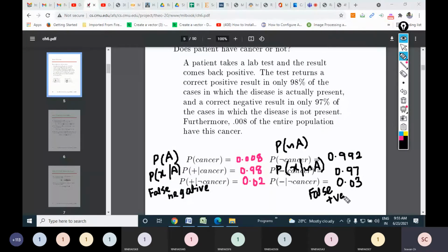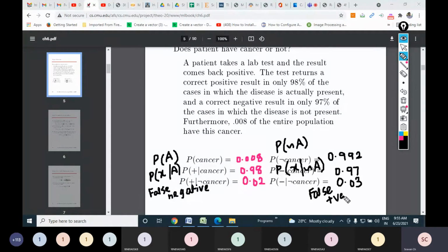Now, what is the question? Does a patient have cancer or not? Why this question is coming is that simply by looking at the test report, I cannot come to a conclusion.